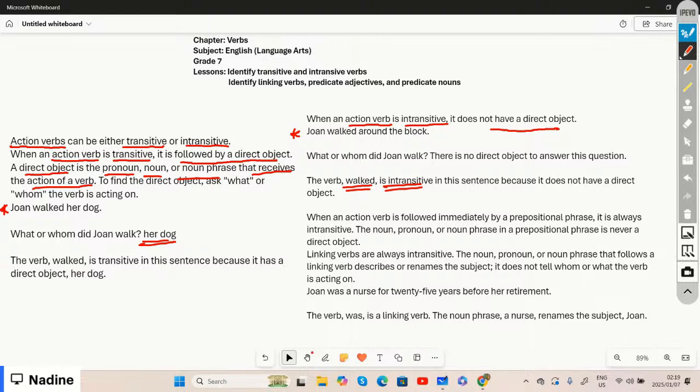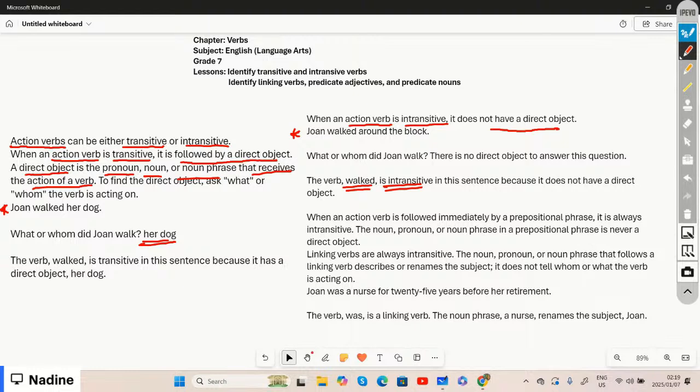If we look at that specific sentence, the verb was is a linking verb.